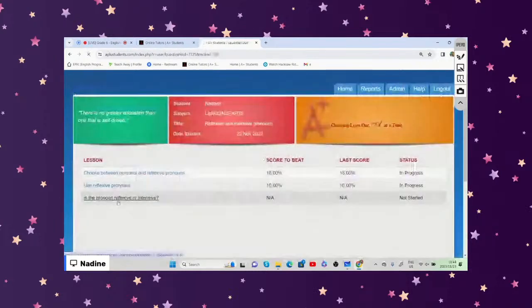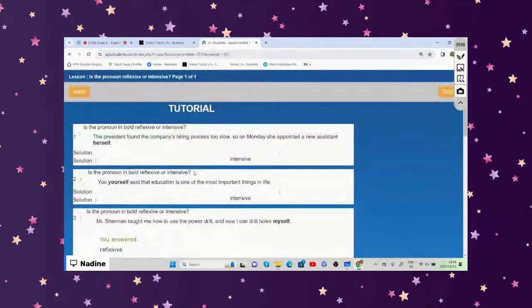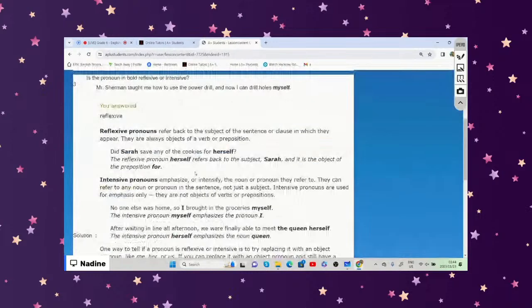All right. So now we're going to say, is the pronoun reflexive or intensive, right? So we already said what reflexive pronouns are, right? Reflexive pronouns end in self, which is either herself, himself, itself, or in selves, depending on the singular or plural form, right?